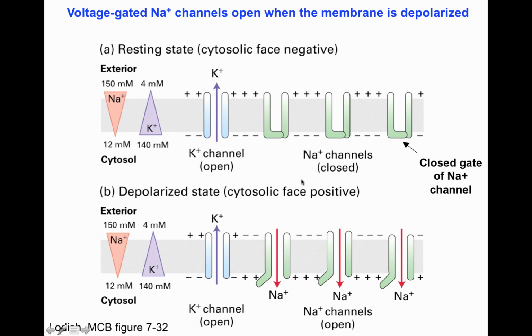So here in the upper part of the image, we have a membrane showing the concentration gradients of sodium and potassium. As you can appreciate, you have about 150 millimolars outside for sodium and 112 millimolars for the concentration of sodium inside the cell. Potassium, as we have discussed, has a concentration gradient that is greater inside the cell than outside.